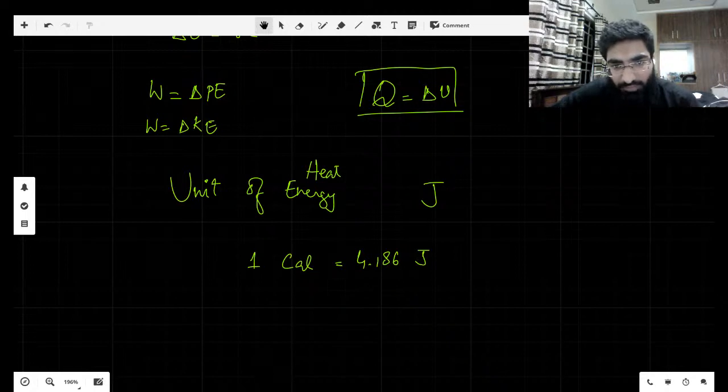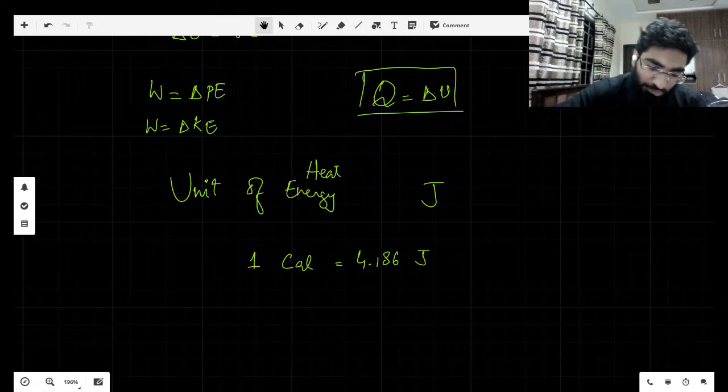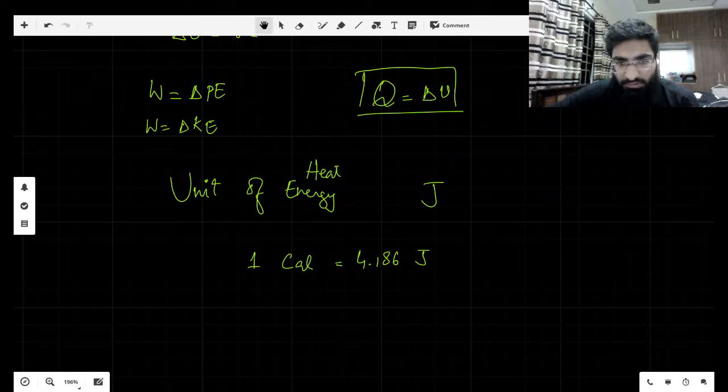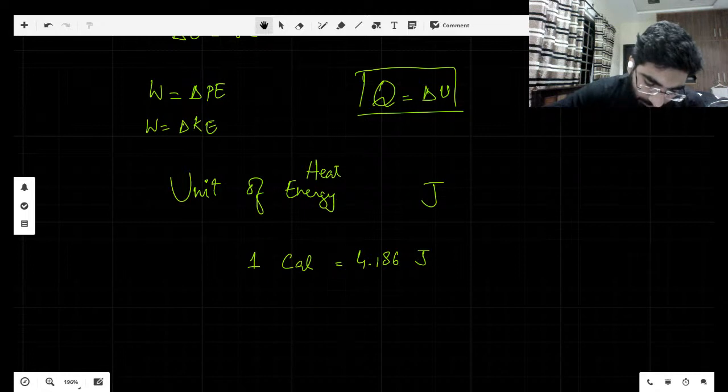Usually for food, you must have noticed that the energy is mentioned in terms of kilocalories. So multiplying both sides by 1,000, I get 1 kilocalorie is equal to 4.186 times 10 raised to the power 3 joules.